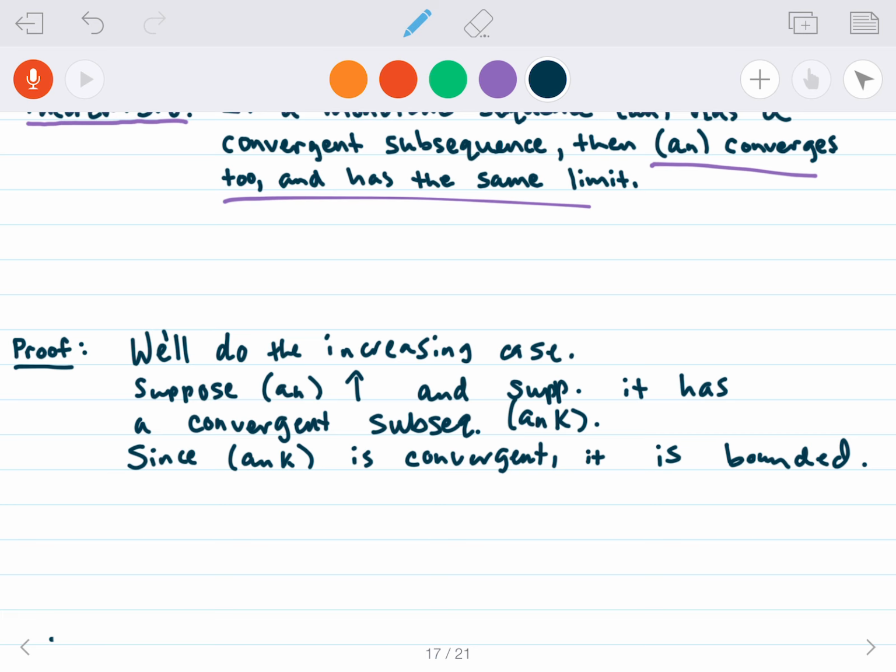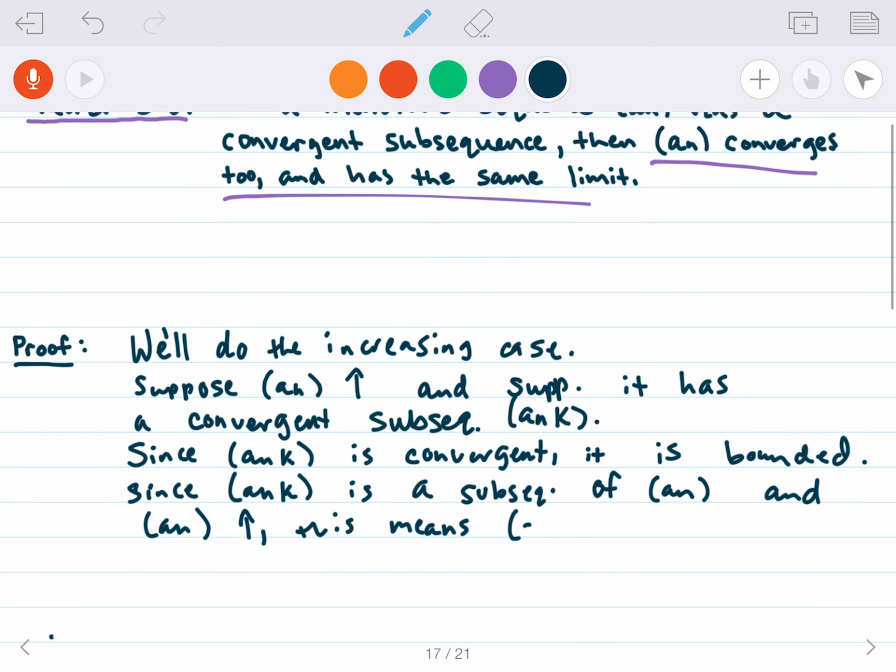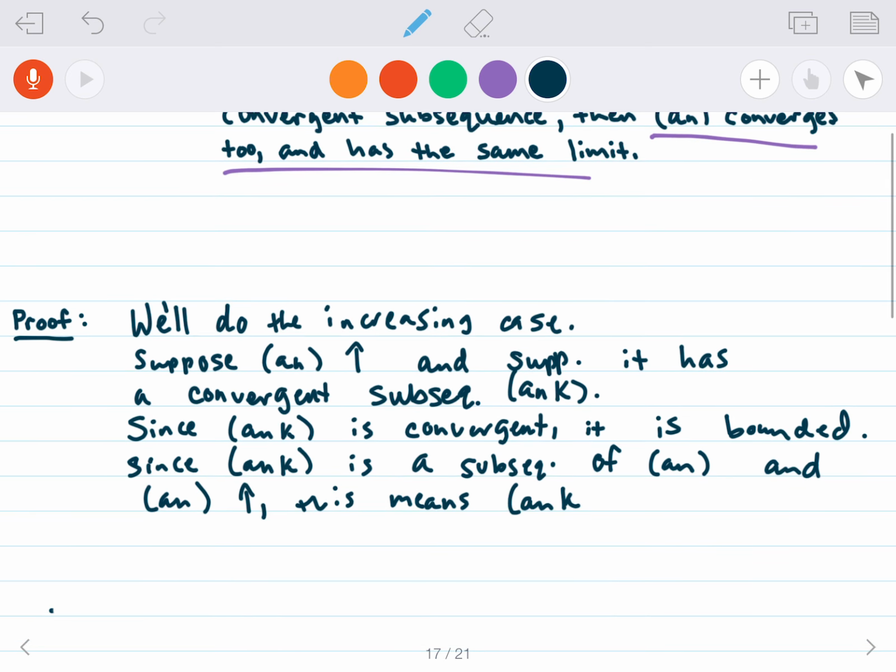Okay, and also since a sub nk is a subsequence of a sub n, and a sub n is increasing, this means that our subsequence is increasing as well, right? We're just picking out terms for our subsequence. Okay, so what do we have here?